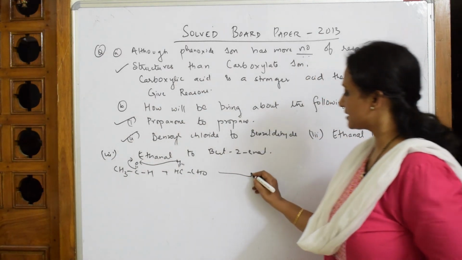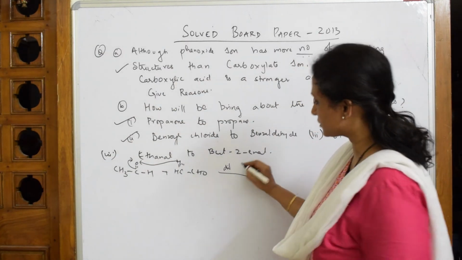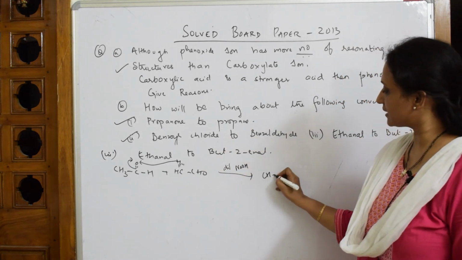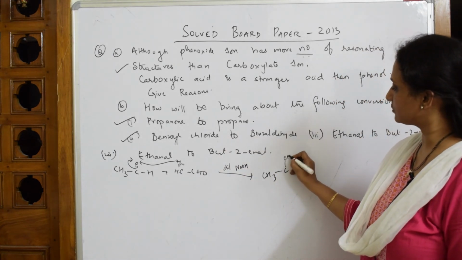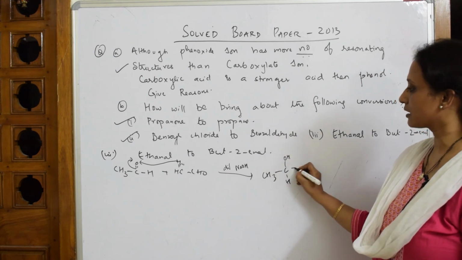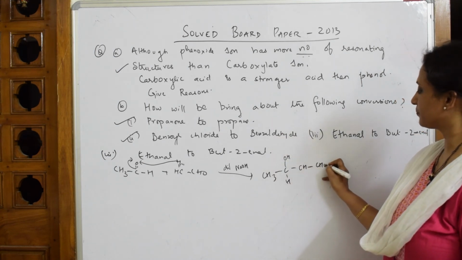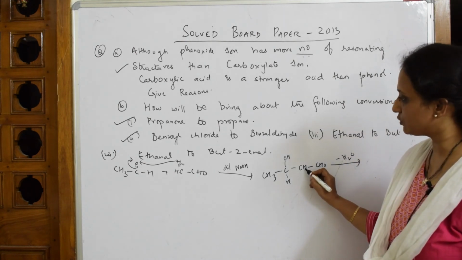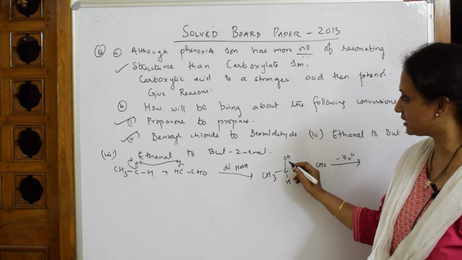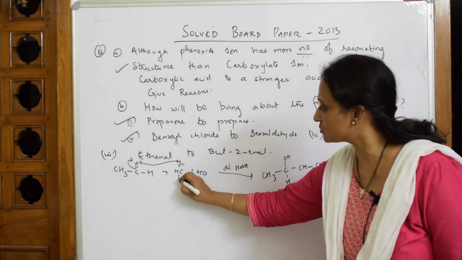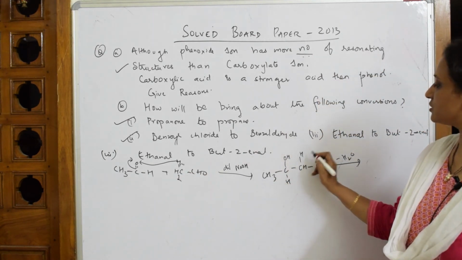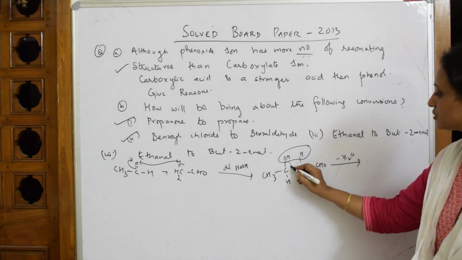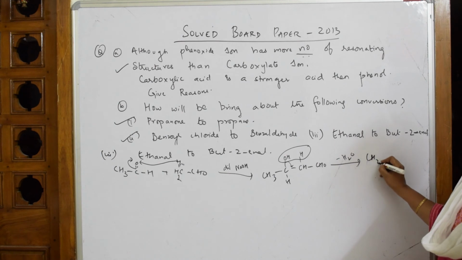So when it attacks in the presence of dilute sodium hydroxide, what will happen? We are going to prepare an aldol now. When you further remove water, what did we do? That H is already shifted, isn't it? This is CH2. There is one more H here. Remove this water with this bond. This bond is going to drop in here.